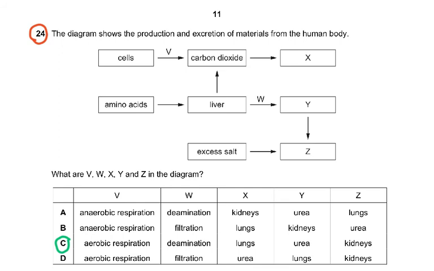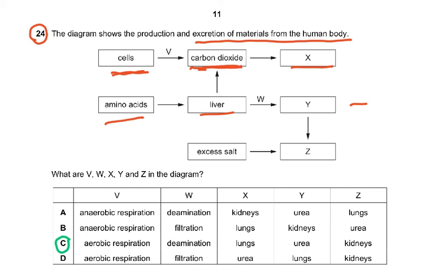Question 24. The diagram shows the production and excretion of materials from the human body. Cells producing carbon dioxide, and then X, then amino acids, then liver, then W, then there's something Y, and then Y goes to Z, and then excess salt goes to Z as well. What are V, W, X, Y, and Z of the diagram? We know that the process in the body cells is aerobic respiration, and that results in the production of carbon dioxide.